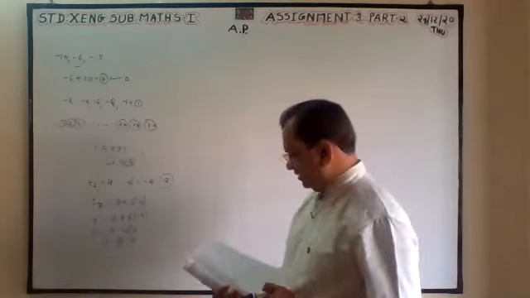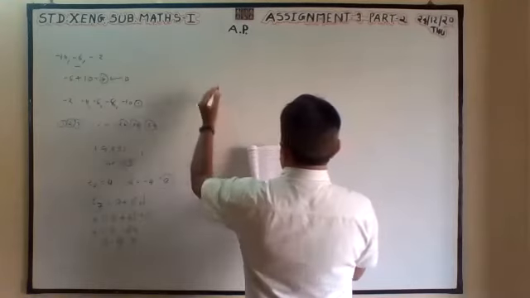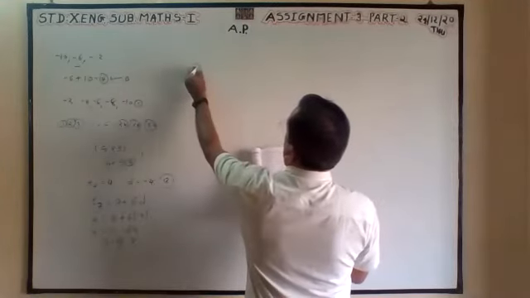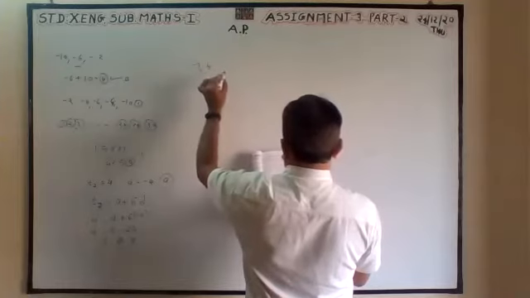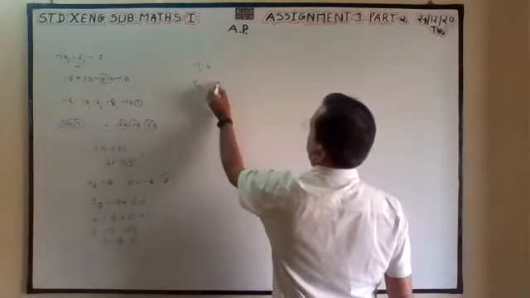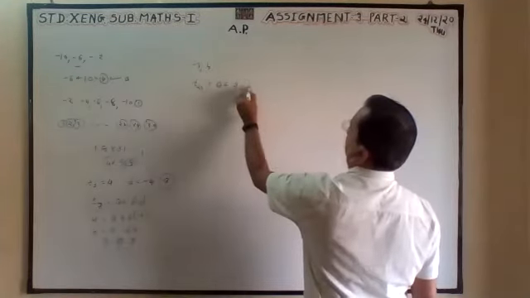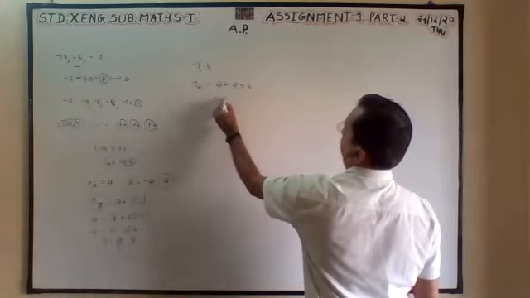AP first terms are minus 3, 4, the first two terms. 21 we want, so T21 is A plus 20D. A is minus 3.